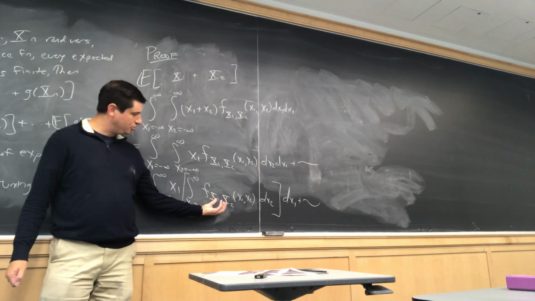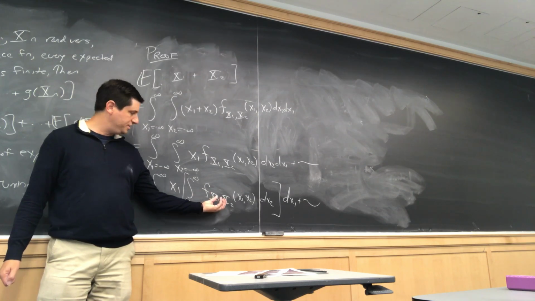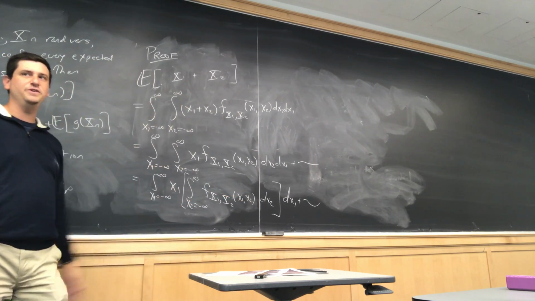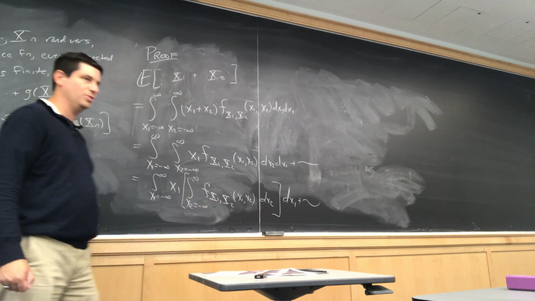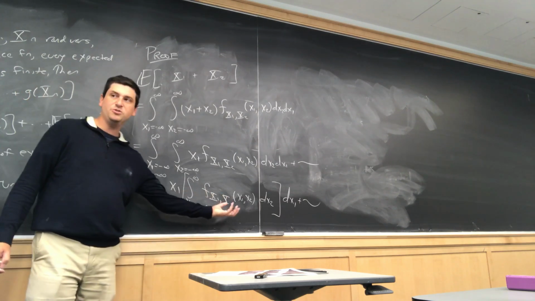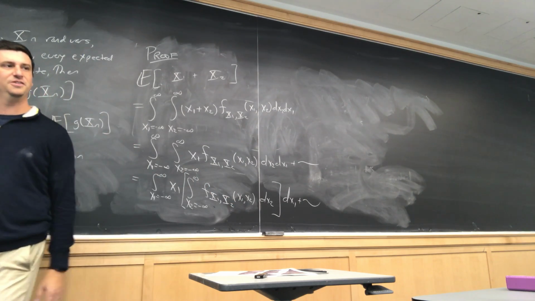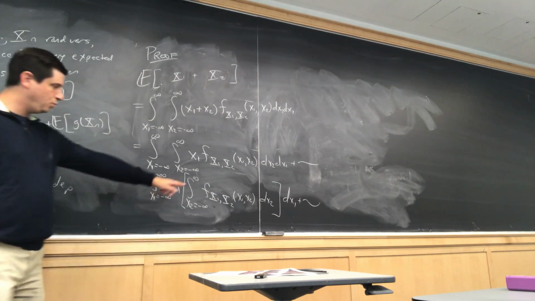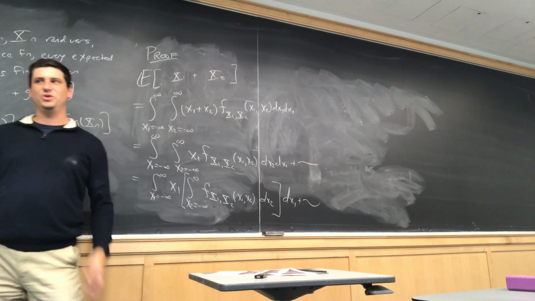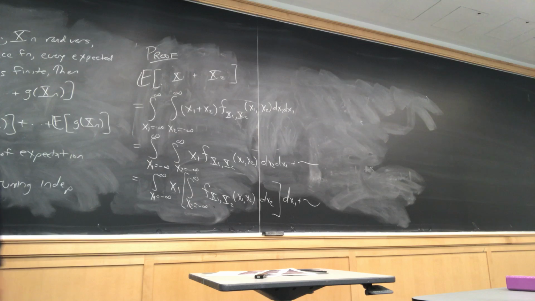What is this integral going to be? I integrate this, x1 is fixed, and x2 ranges from minus infinity to infinity. So what does this integral equal? We said what this integral was earlier in class today. We fix x1, and we integrate out x2. So what is that called? Marginal. It's called the marginal.